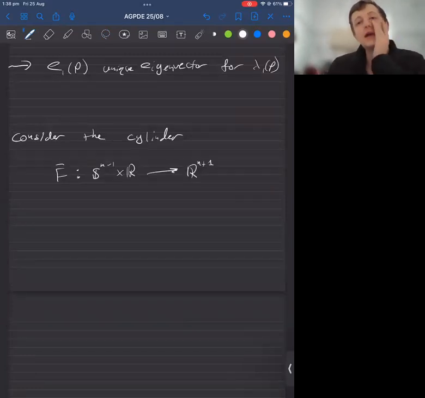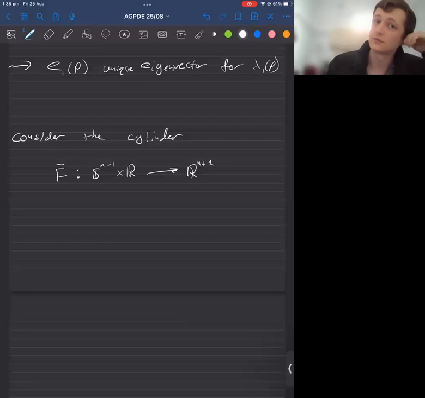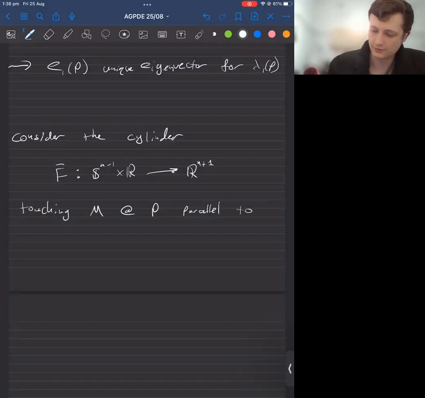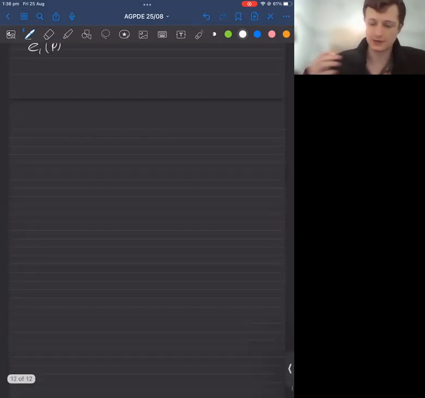So they remark in the paper that the proof in the hypersurface case is a little bit easier than Hamilton's proof in the intrinsic case, right? So it looks a little bit different, I think. So we consider this cylinder. We want to touch M at P, and we want it parallel to, say, E_1 of P, and matching orientation, right?